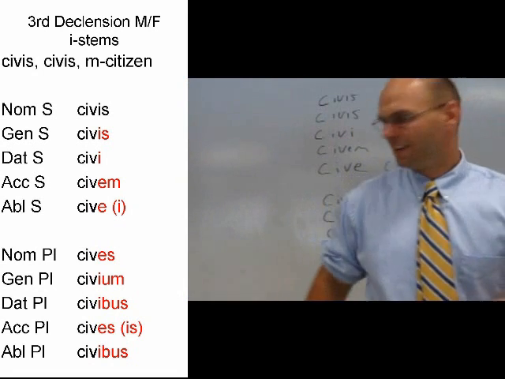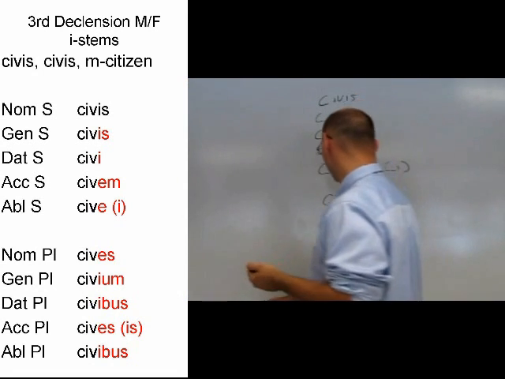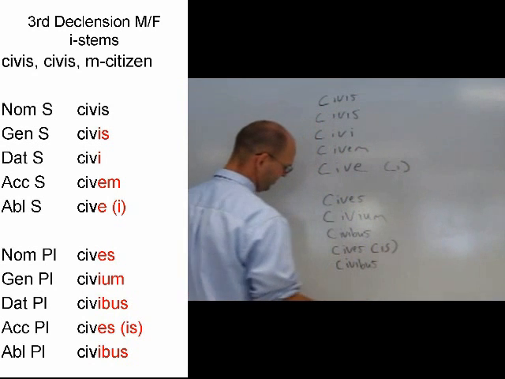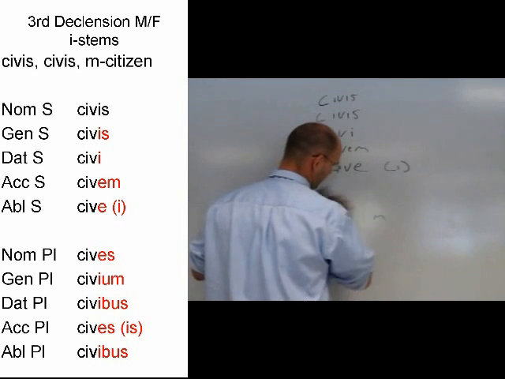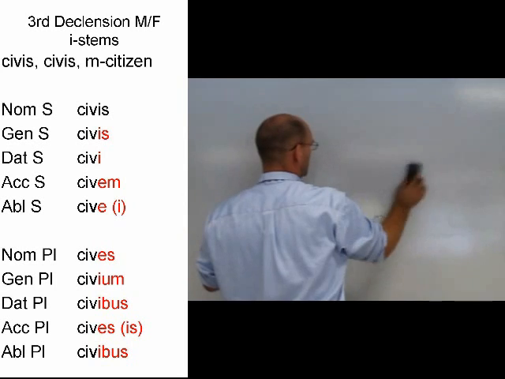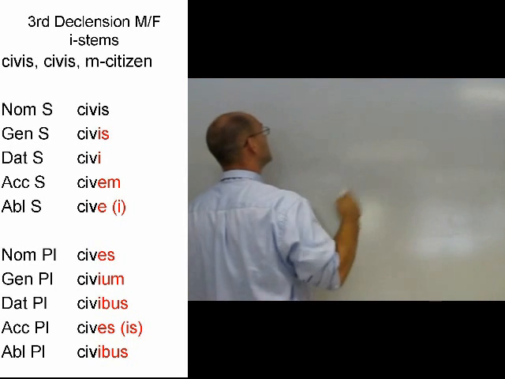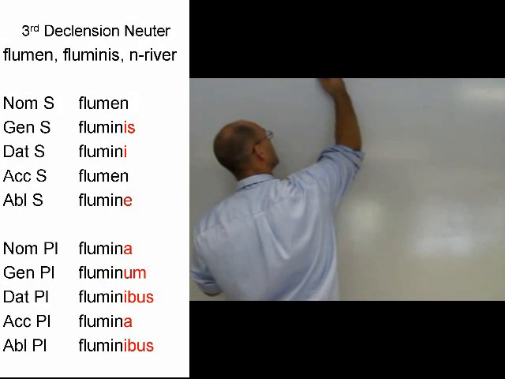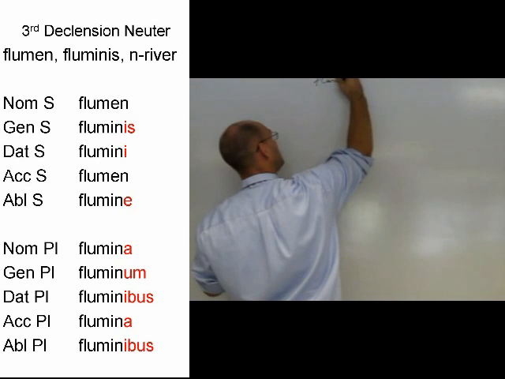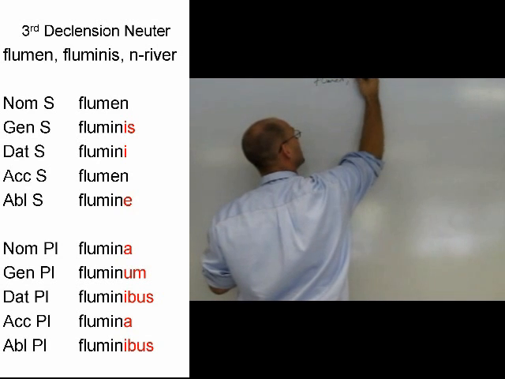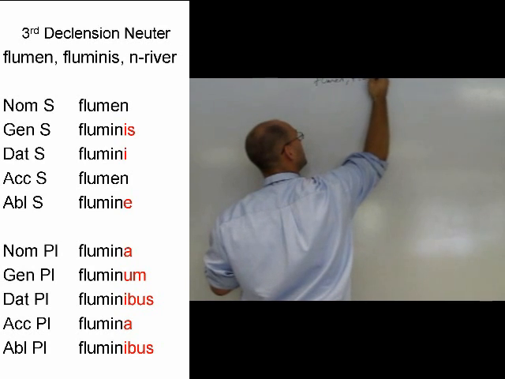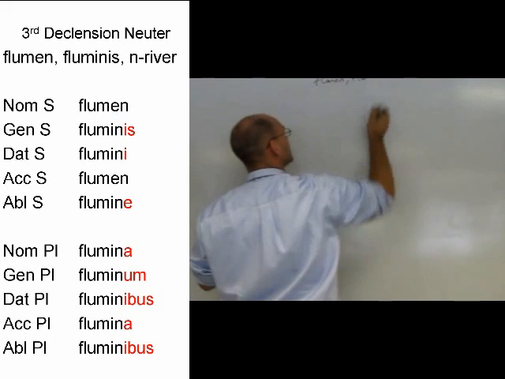Next to the third flavor, the neuter. And so I'll go with flumen. So flumen, fluminis.